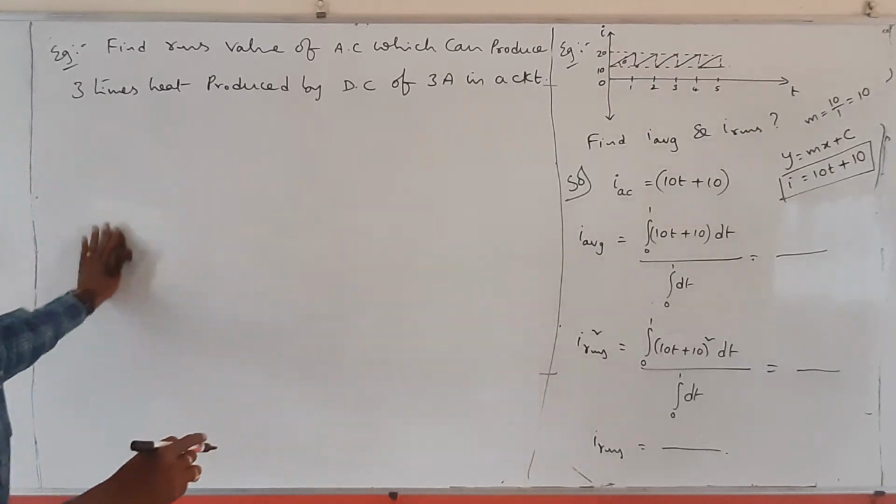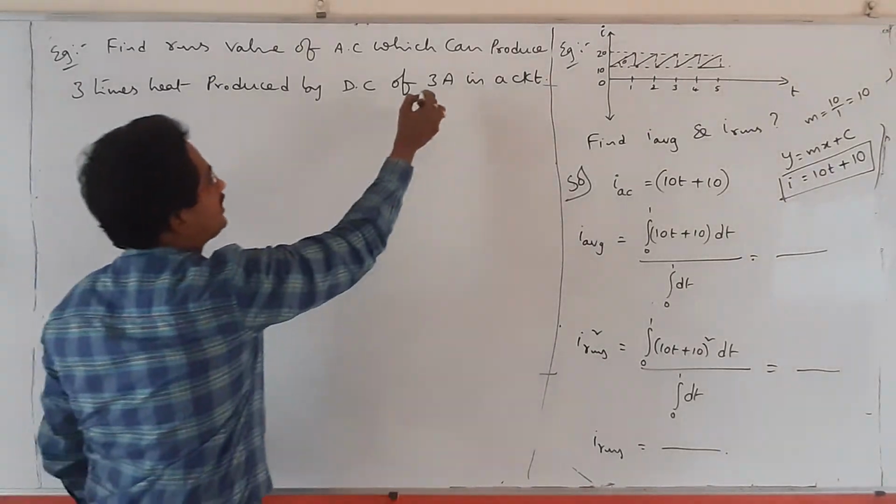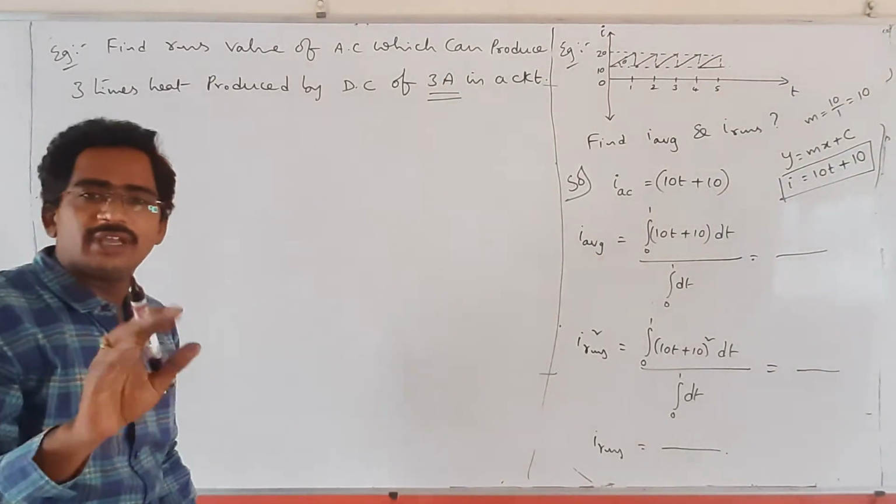In a circuit, how to do it? The DC value they have given you clearly, 3 amperes.